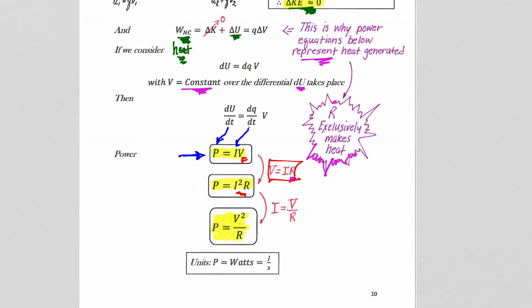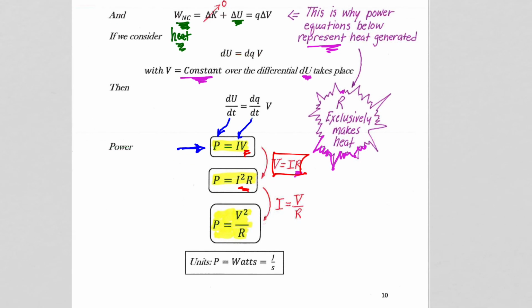We will just simply need for our course to memorize power equals IV. Since V equals IR, as it shows here, we can use V equals IR for the V here to get I squared R, or power equals V squared on R. Power is power, so just like from mechanics, power is watts, which is joules per second.